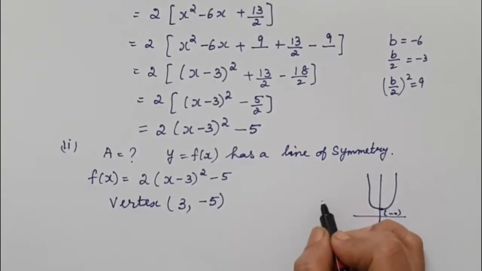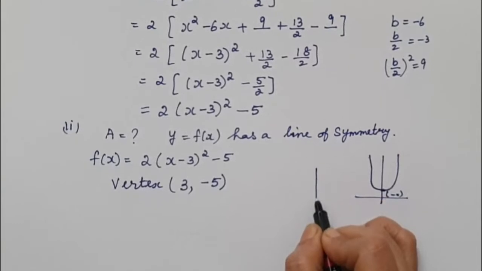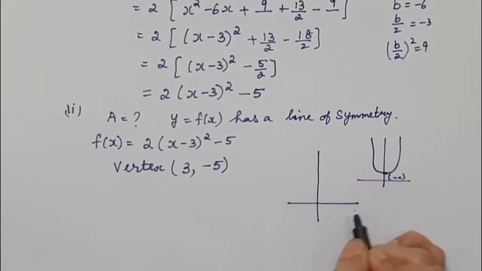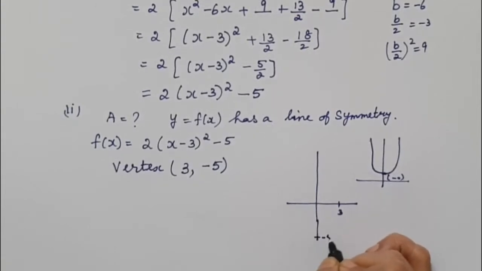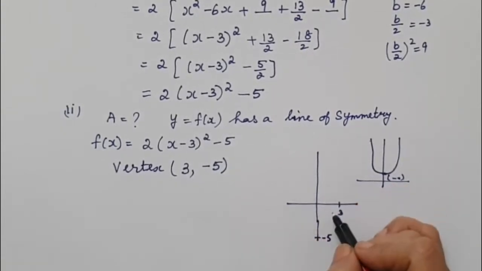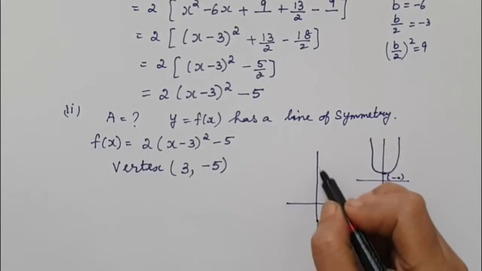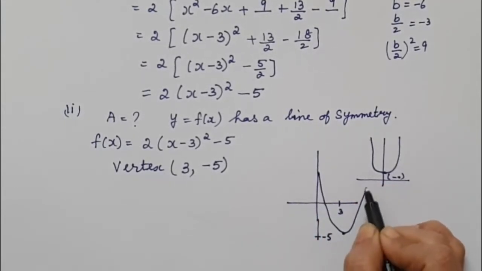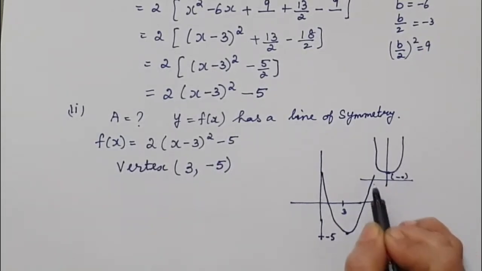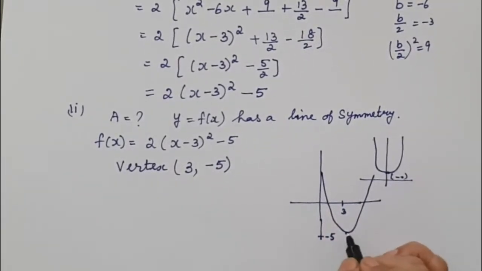So when we draw the graph, that is 3 over here and negative 5 over here. This point will be our vertex. When we draw the graph, the graph goes like this. This is the vertex, the point 3, negative 5.